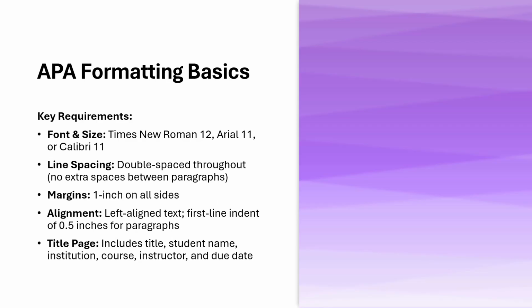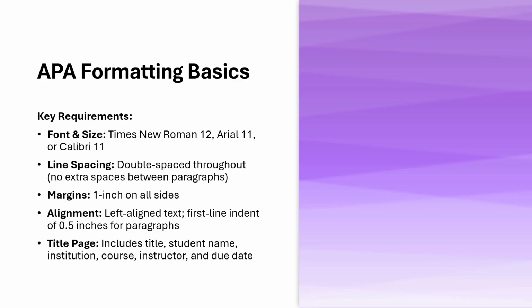APA formatting, as you know, has very strict requirements for fonts, margins, spacing, and alignment. So we covered this in the beginning of the semester with the video you watched, but make sure to use a professional font such as Times New Roman 12, Arial 11, or Calibri 11. Double spacing should be maintained throughout your document with 1-inch margins on all sides.